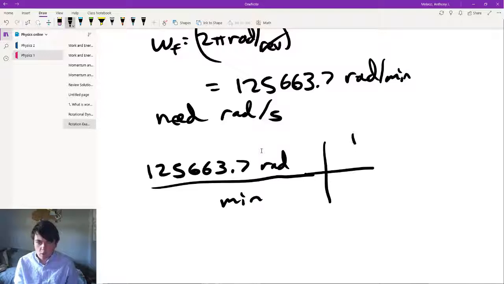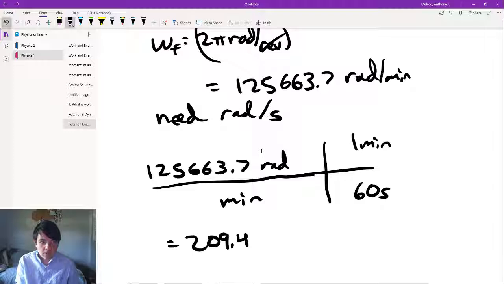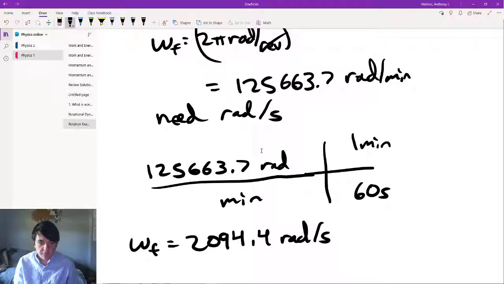In 1 minute there are 60 seconds, and when you do that, 2094.4 radians per second equals omega final.